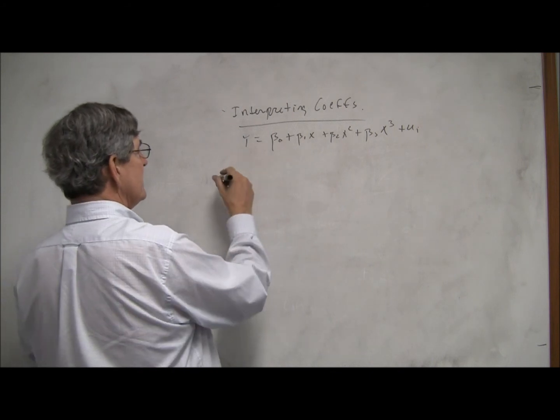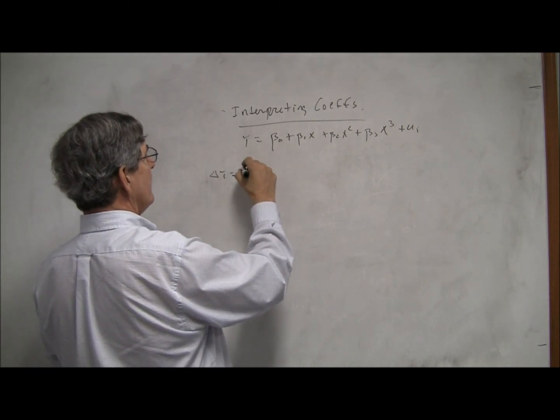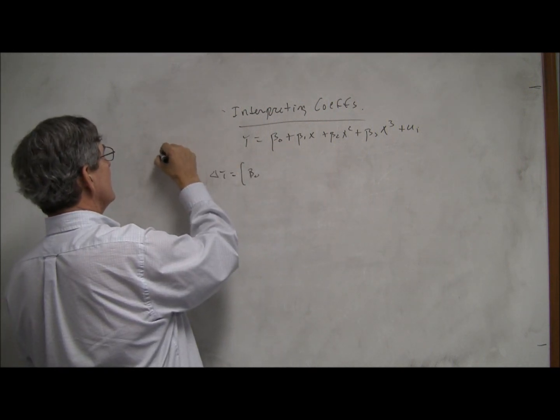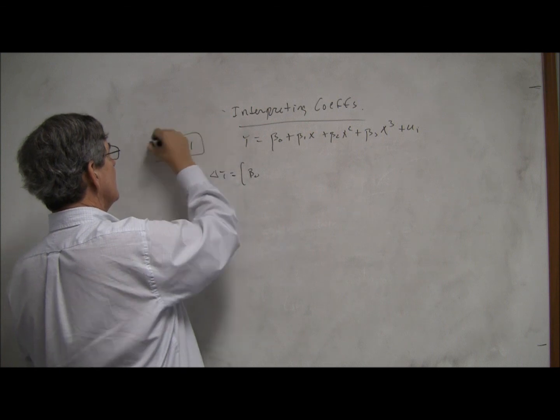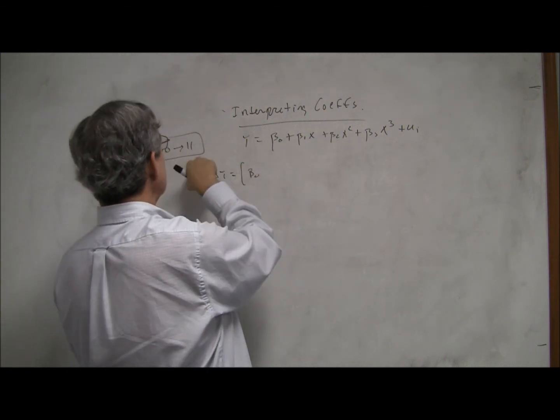So what you do here, you say, well, the change in y, say from 10 to 11, or whatever your data is; x is whatever it is, but in the income case, the 10.